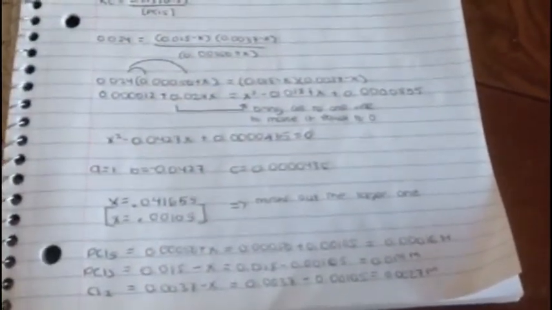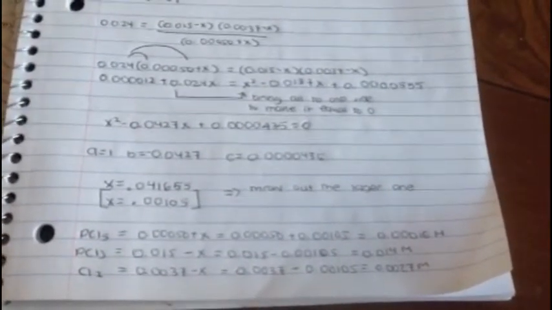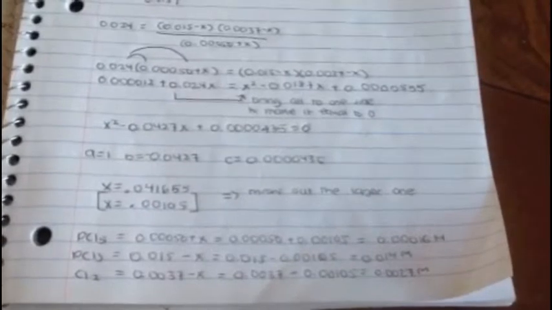We then multiply this out and we get 0.000012 plus 0.024x equals x squared minus 0.0187x plus 0.00005555. We then bring everything from the left side to the right side to make the equation equal 0.